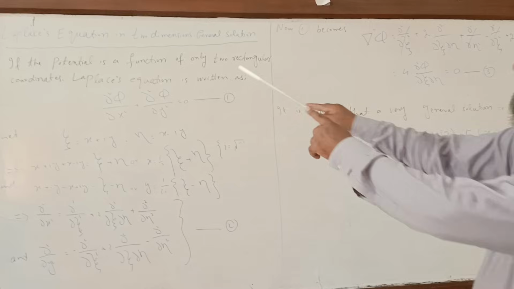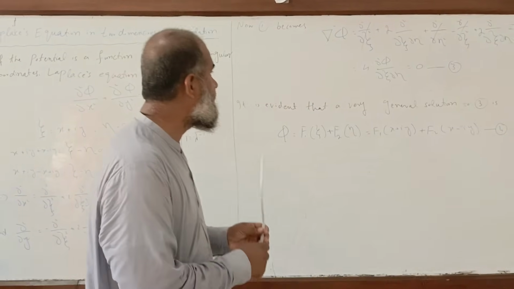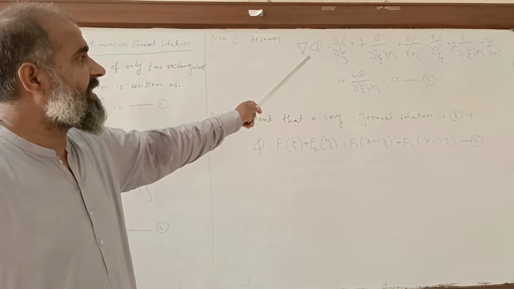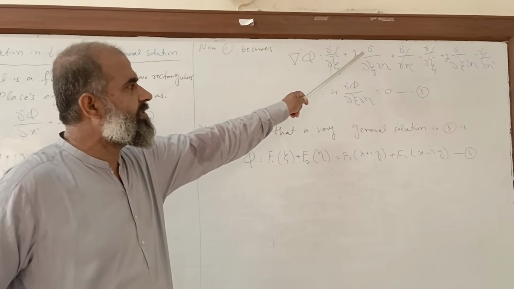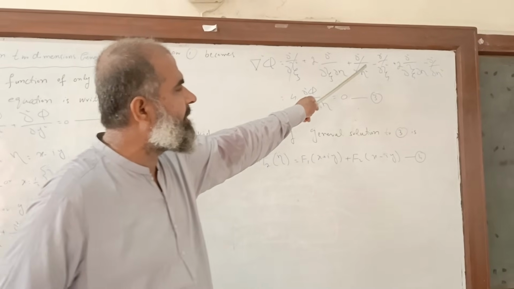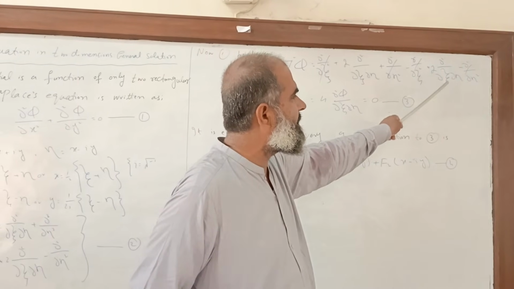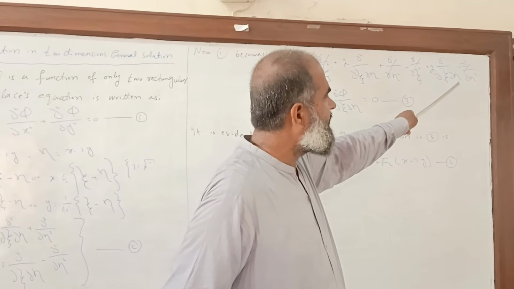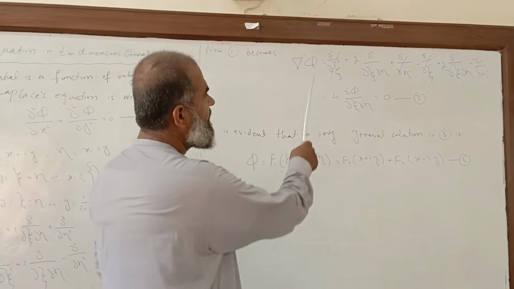Now we will put this into equation number 1. Then equation number 1 will become del square phi is equal to partial square over partial zeta square plus 2 into partial square by partial zeta partial eta plus partial square by partial eta square, minus partial square by partial zeta square plus 2 into partial square by partial zeta partial eta minus partial square by partial eta square.